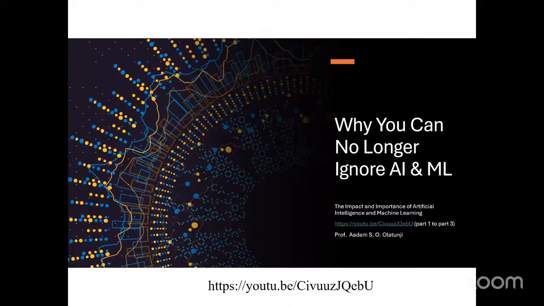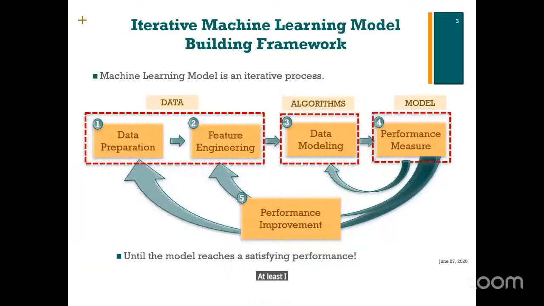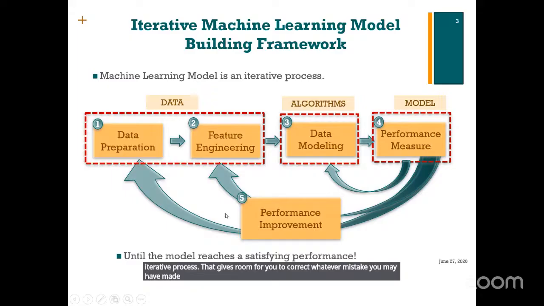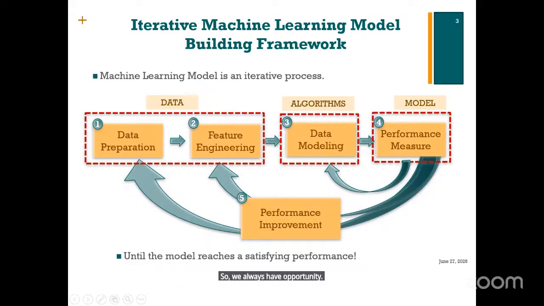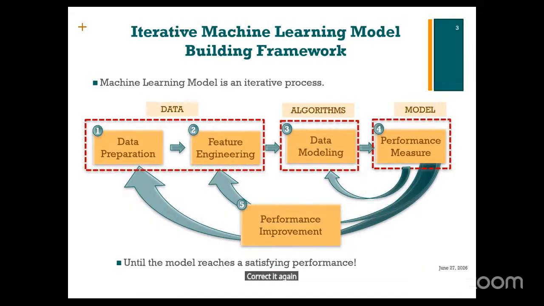As usual, we always have this iterative machine learning model building framework where you are going to see the very simple, however, iterative process that gives room for you to correct whatever mistake you may have made. So you always have that opportunity to correct it again so that you don't have to get it right at once. You can always go back.